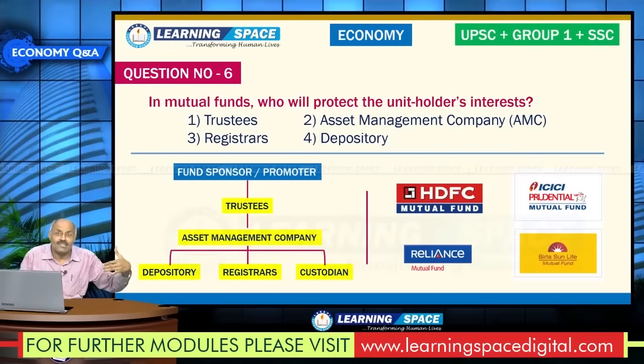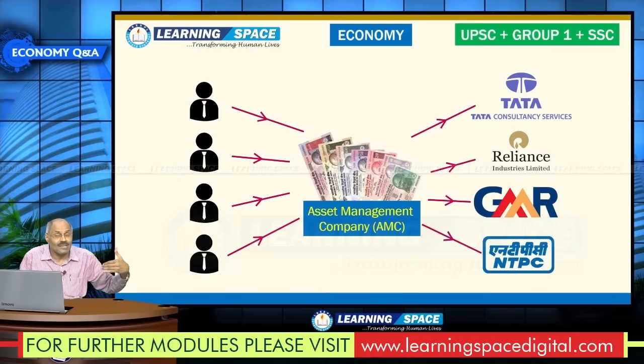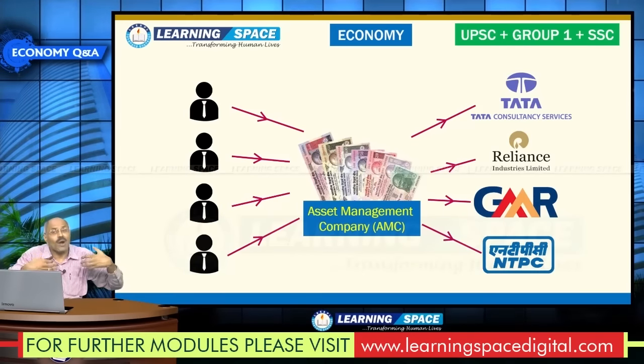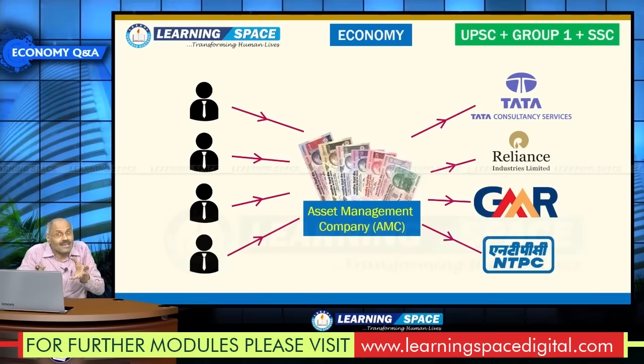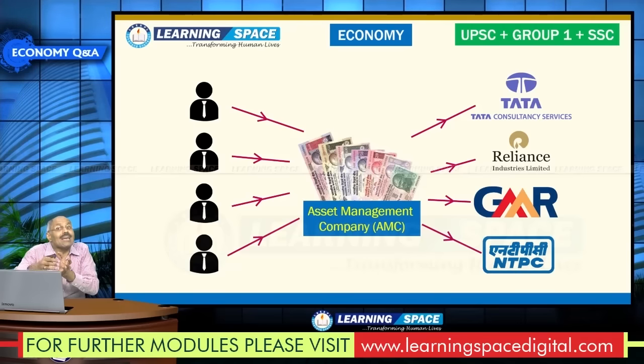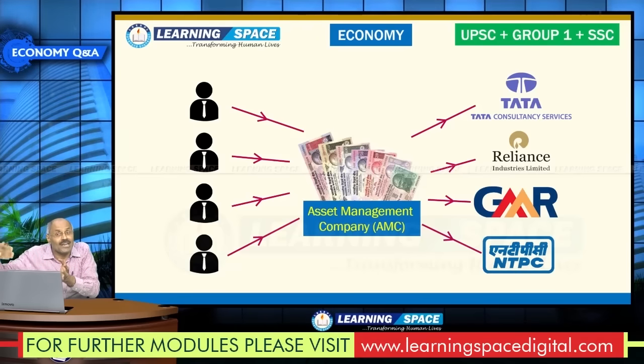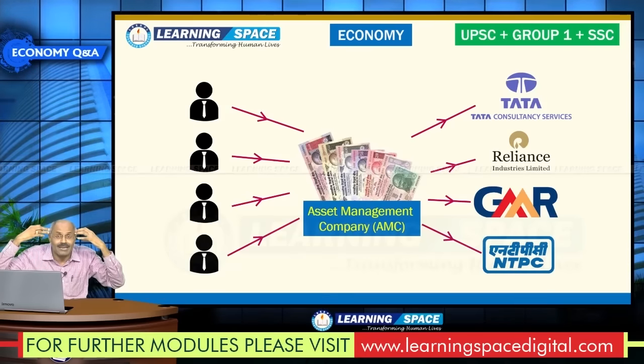In mutual funds, who will protect the unit holders' interests? And you may have a pertinent doubt about what is meant by mutual funds. Please look into this slide. Mutual funds means investors like you and me will give money, and subsequently the asset management company will invest in various shares by applying their brain.